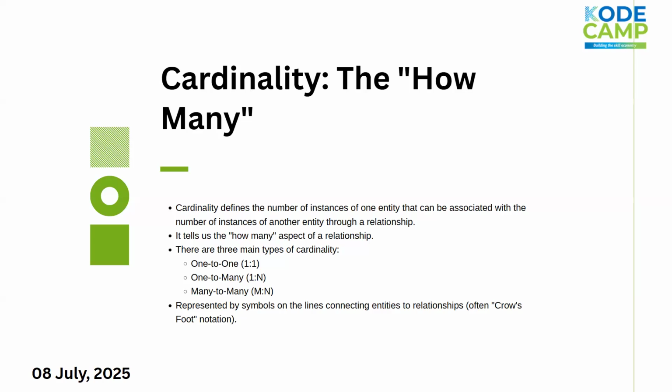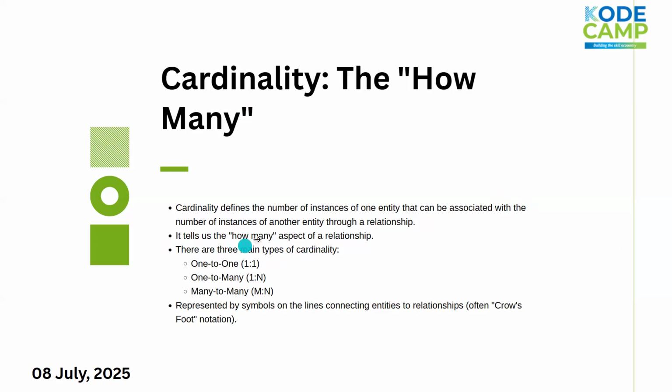Cardinality answers the question, how many instances of one entity can be associated with the other entity when they have a relationship together? So that will tell us the how-many aspect. It's going to be confusing now, but when we do more examples, it will be clearer.